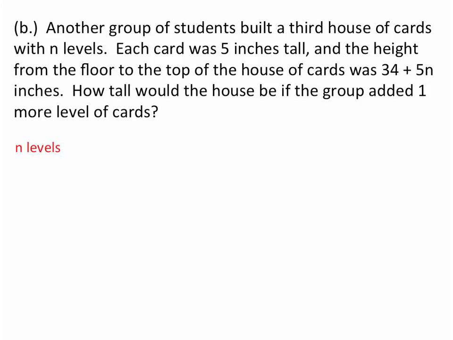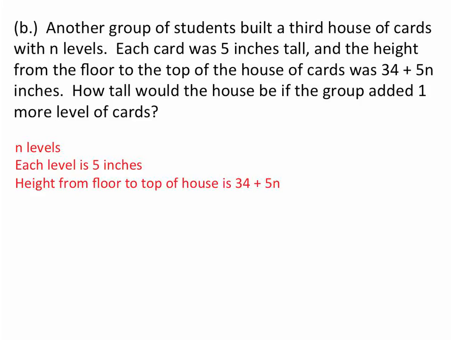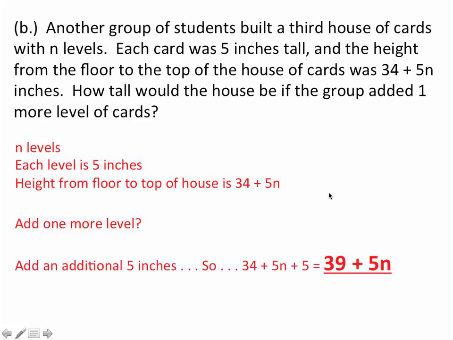There's a certain number of levels that it has. Each level is 5 inches. We have an algebraic expression for the height from the floor to the top of the house, and I just want to add another level of cards. Since each level is 5 inches, if I add another level, then I'm at 39 plus 5n.